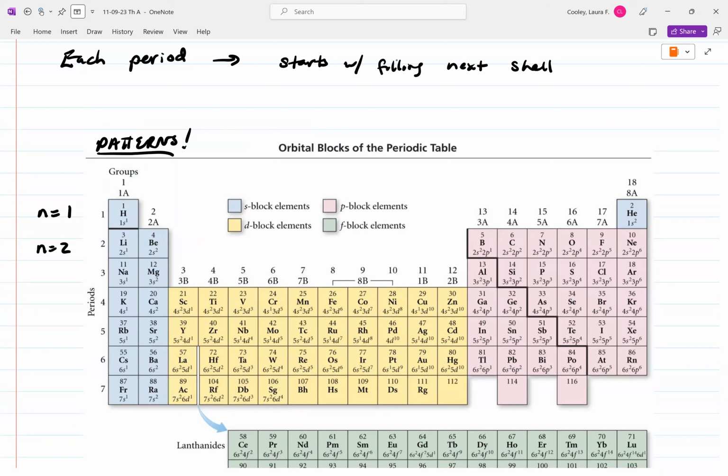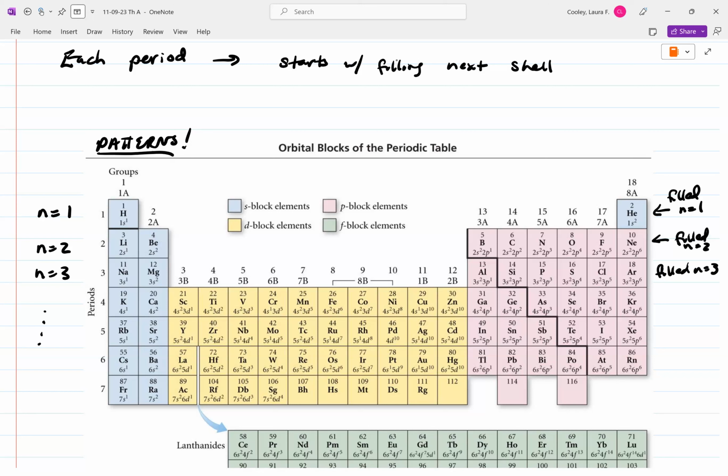Here you start to fill the n equals 2, n equals 3, etc. And each period ends with filling that shell. So here you end with a filled n equals 1 shell. Here you end with a filled n equals 2 shell, filled n equals 3 shell.